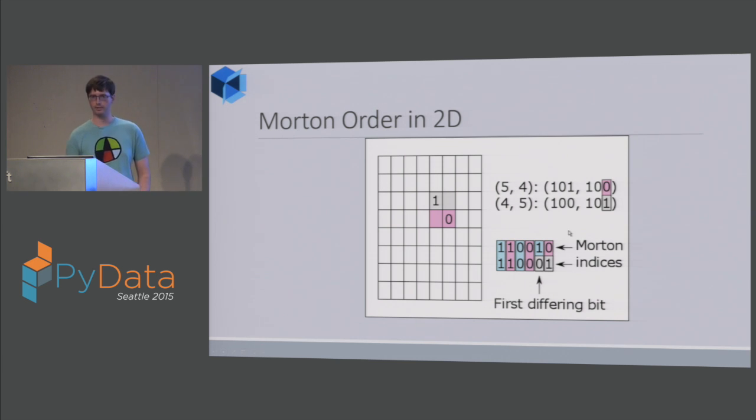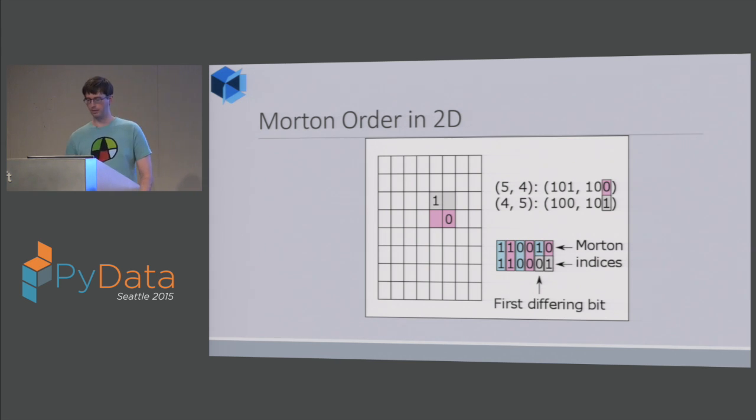One thing we get out of this is these Morton indices. And you'll notice the way I wrote them out, those are now just binary numbers. You compare them like normal integers, and you get this ordering naturally. So one way to do this is just to take your coordinates, interleave the bits, and now you have an index that defines the ordering.